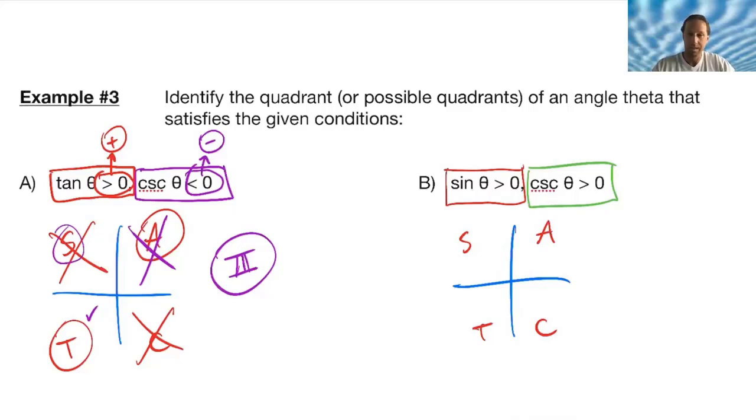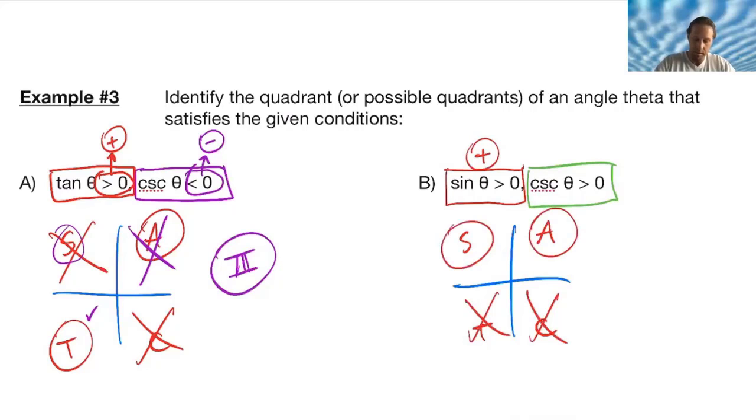So since sine is greater than 0, meaning we're dealing with positive, we know that quadrants 3 and 4 are out, 1 and 2 are possibilities. We could be here, we could be there. But then this one was a little bit tricky because they told us cosecant is also greater than 0, which means positive.